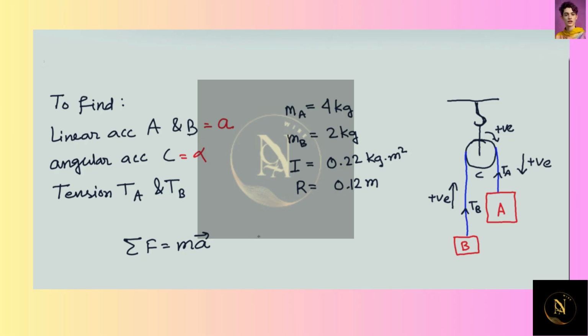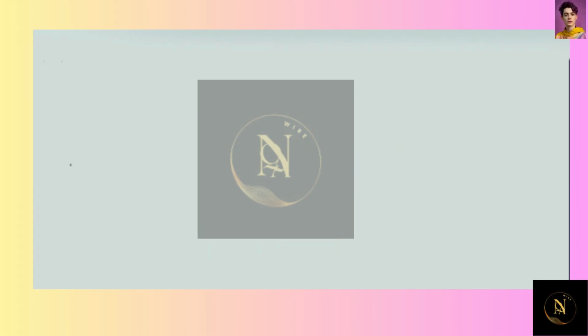And for the wheel, we'll be applying the torque equation, which is just the rotational equivalent of force. And that's I times alpha, where alpha is the angular acceleration, I is the moment of inertia. So let's do one by one.